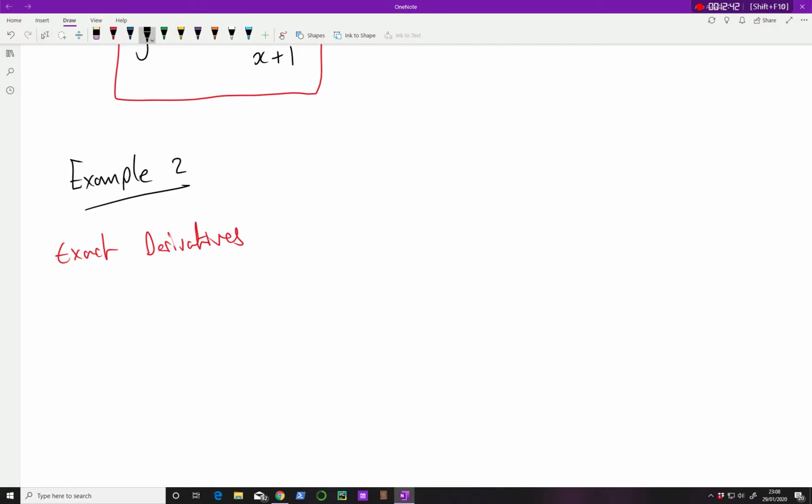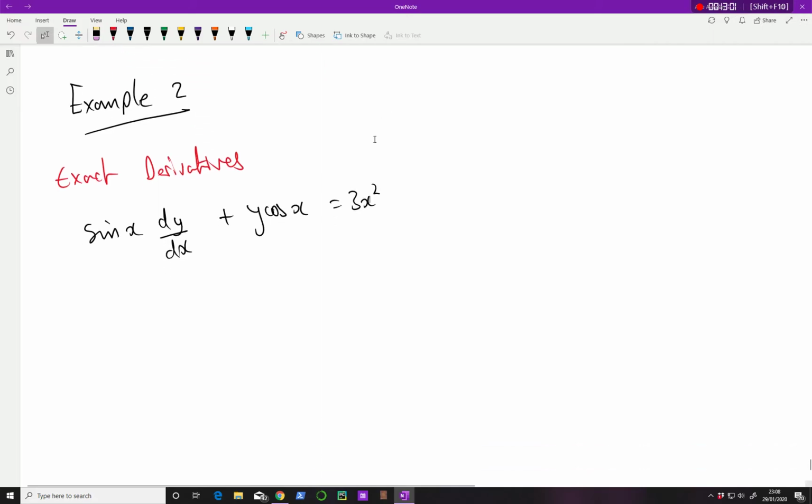So an easy example is I have an expression of sine x dy by dx plus y cos x equals 3x squared. Now, the trick here is to find where dy by dx is and just squash it with whatever it's next to.